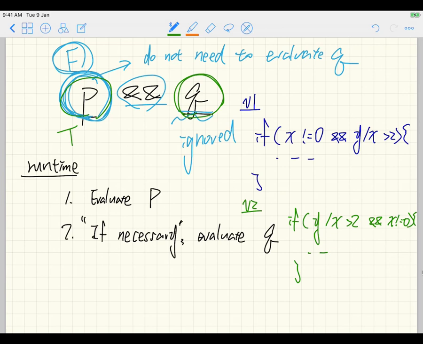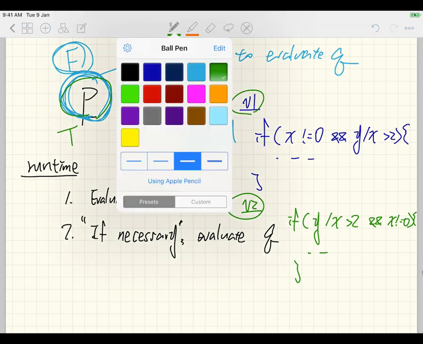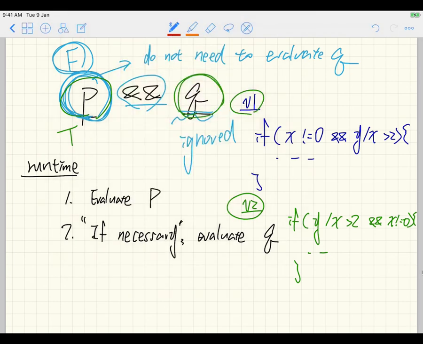So now, let's try again. We know that version 2 crashed when x is equal to 0. However, version 1 did not crash. Let's see why. Let's say the user enters x being 0. Let's see version 1. It is evaluated left to right.